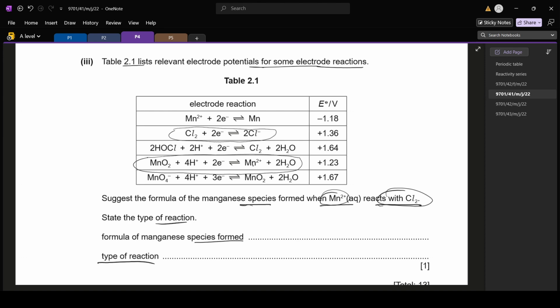You can see that this has a high electrode potential, so this is going to reduce, because these are giving reduction potential, and this has low reduction potential, so this is going to oxidize.